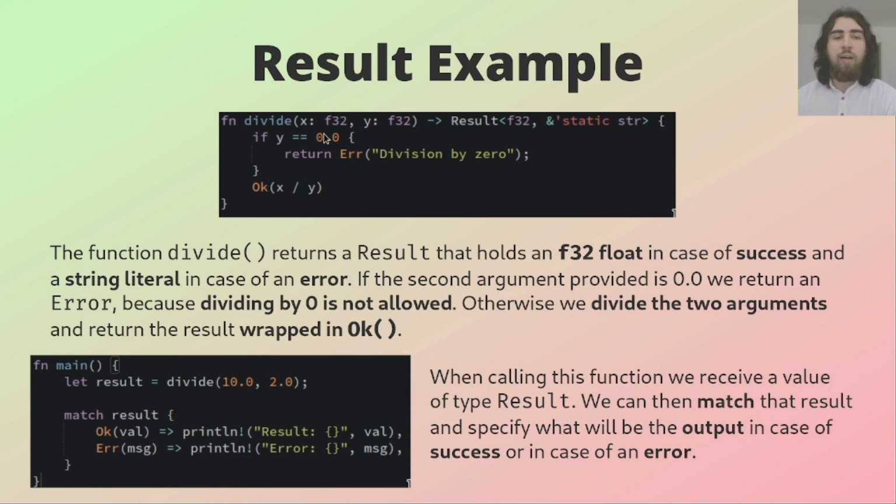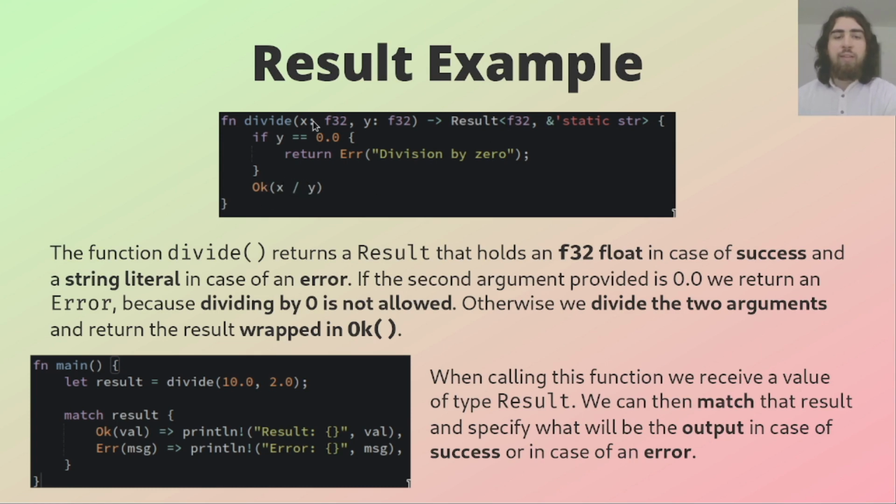Now in case y is not 0, then we will just divide x by y and wrap it inside OK, because remember, result is an enum, meaning we have to wrap the resultant value inside the variant.